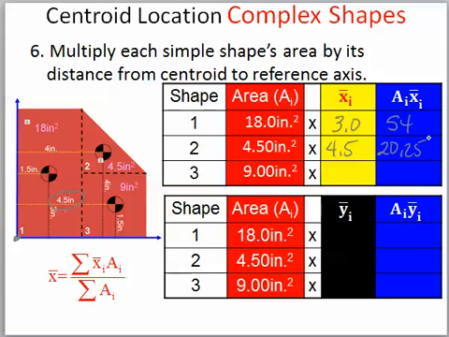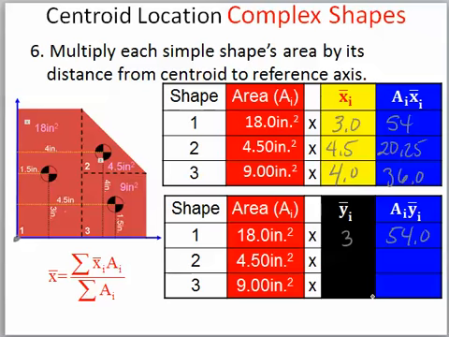The next one, it as well is over 4.5, or sorry, it's over 4 inches. Well, that gives us 36 inches. I'm going to do the same thing for the Y's. The Y, its centroid is up 3 inches. Gives me 54.0.